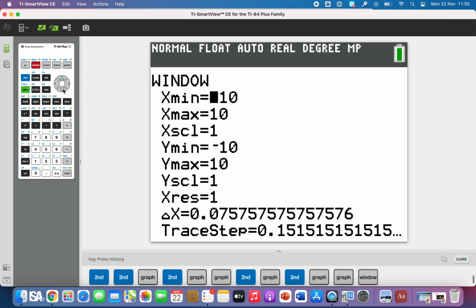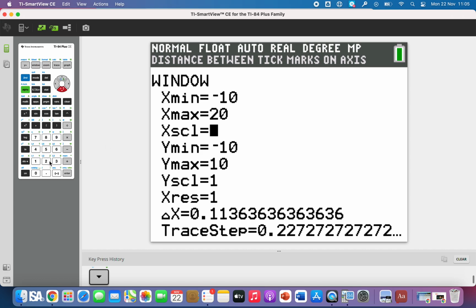So use the arrow keys. Let's say the x maximum is 20, because you know the intersection is 15 comma 150, so you go a little bit up. Then let's go by 2 for the intervals on the x-axis.